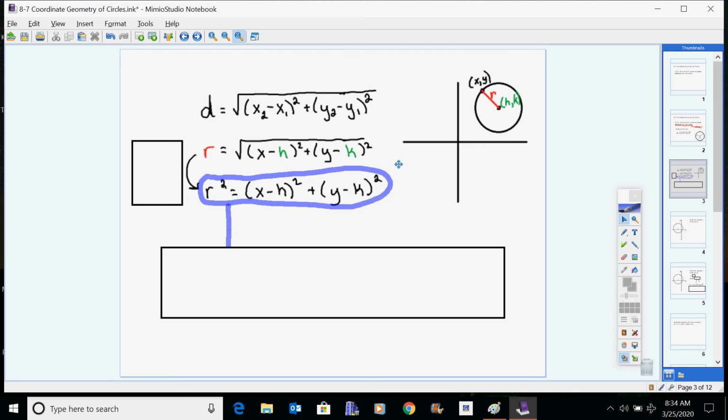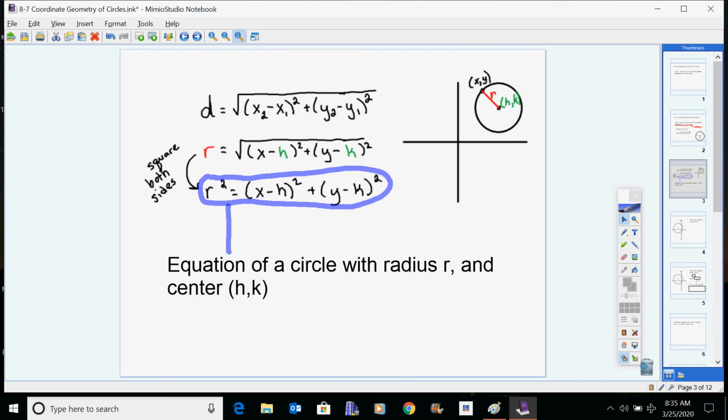That's for a whole other lesson in a whole other course, but we have this formula, which shows the equation of a circle with a radius of r and a center of (h, k). We're going to use that both to take a circle and figure out what the equation is, and also to be able to graph a circle if we know what the equation is and we have it in this format.